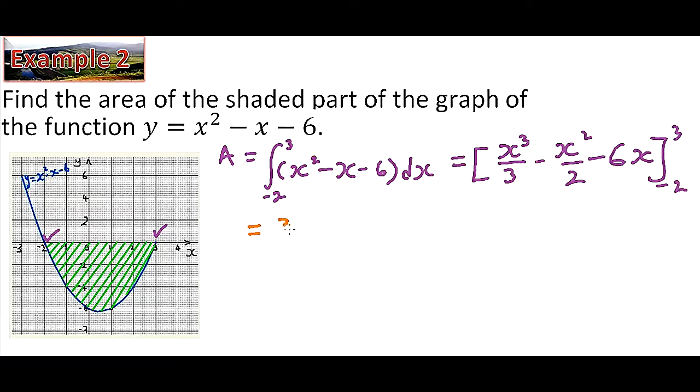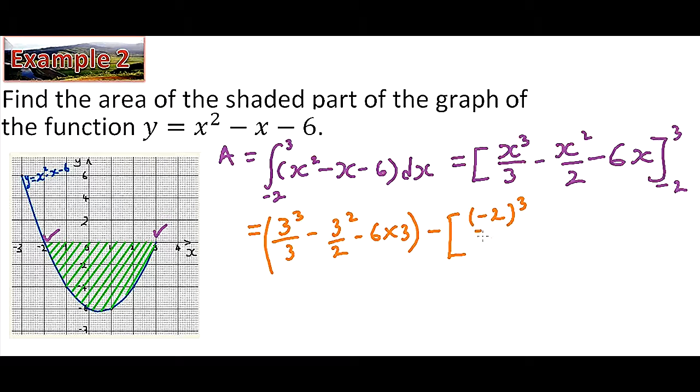We will have 3 cubed divided by 3, we put the bracket, minus 3 squared divided by 2 minus 6 multiplied by 3, close the bracket, minus, we substitute minus 2 in place of x. So here we will have minus 2 cubed divided by 3 minus (minus 2) squared divided by 2 minus 6 multiplied by minus 2, and we close our bracket.